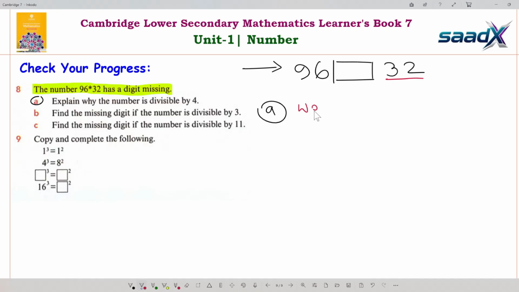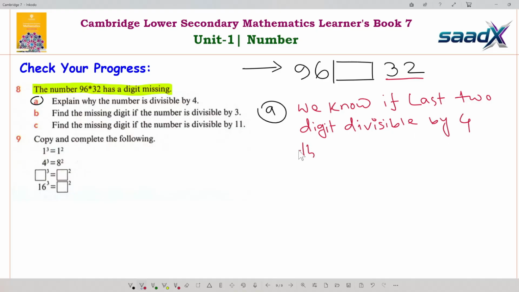We know if the last 2 digits are divisible by 4, then the whole number can be divisible by 4.